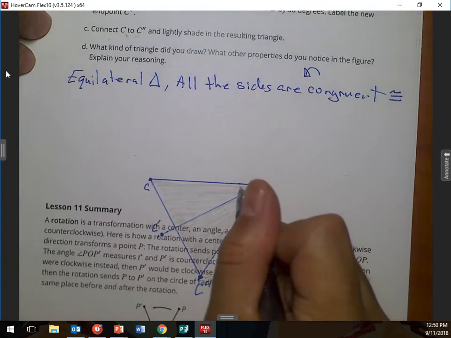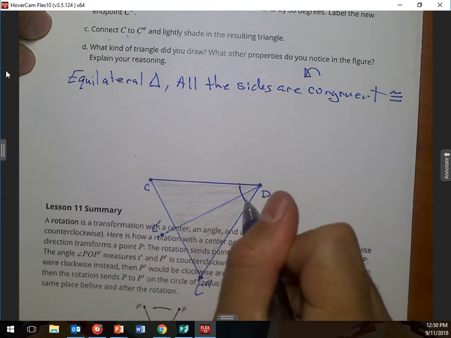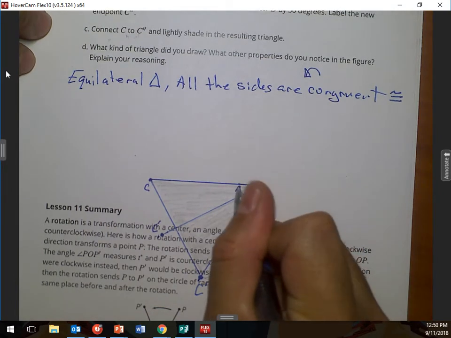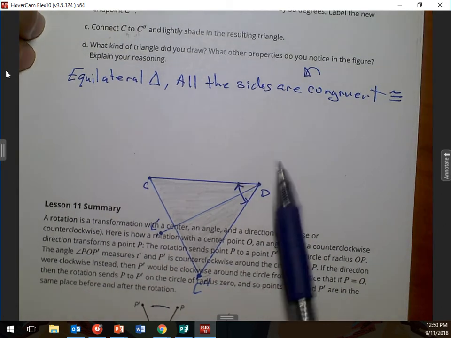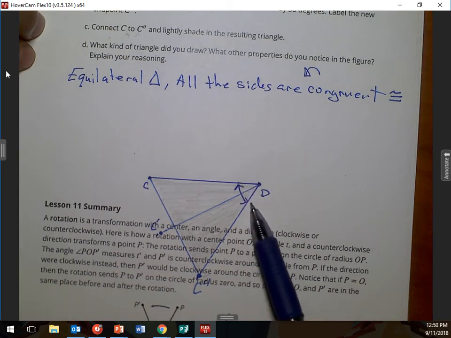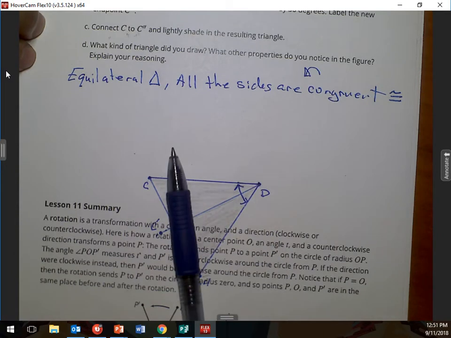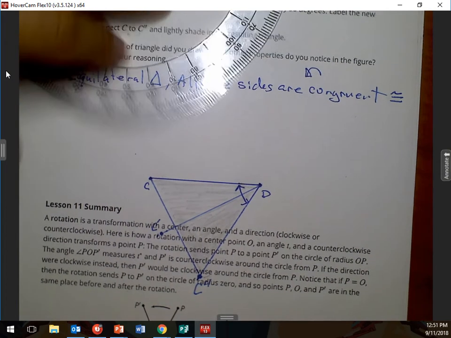Why is it 30? That angle is like 90. No, it'd be 30. This angle right here, from here to here, how much is that? Oh, wait, we just checked it. Bro, you guys have this thing to actually measure it. Come on now.